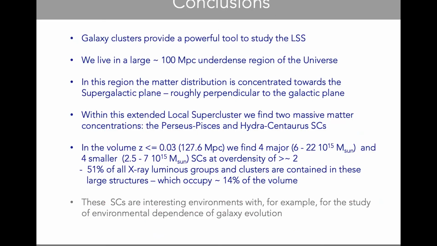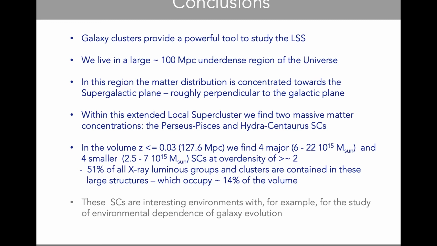So I hope I convinced you that galaxy clusters provide a powerful tool to study the large-scale structure. It seems to indicate that we live in an underdense universe, which goes out to about 100 megaparsec. This underdensity is very much segregated towards the supergalactic plane.